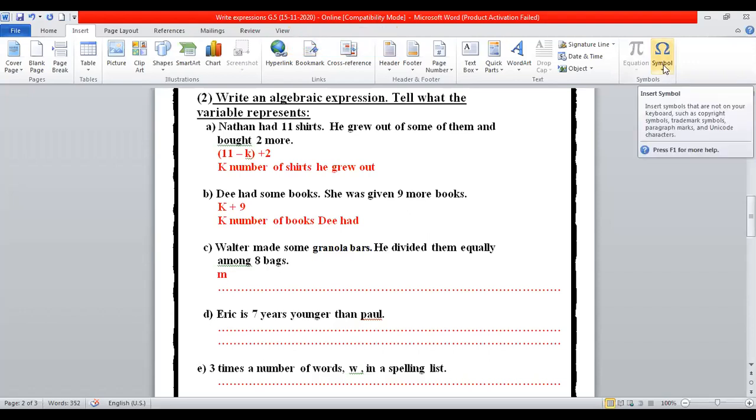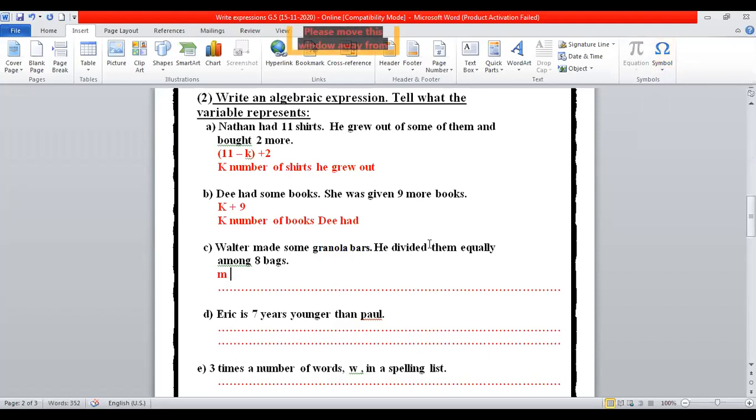Divided them equally. What is the operation you will use? Divide. Use the division. He divided them equally among 8.